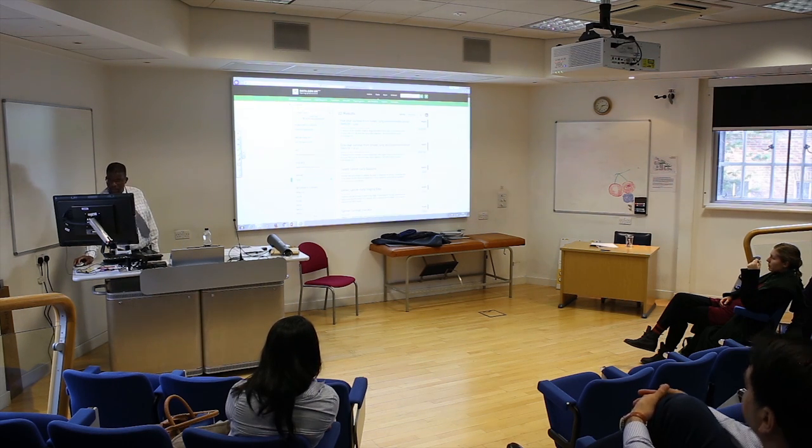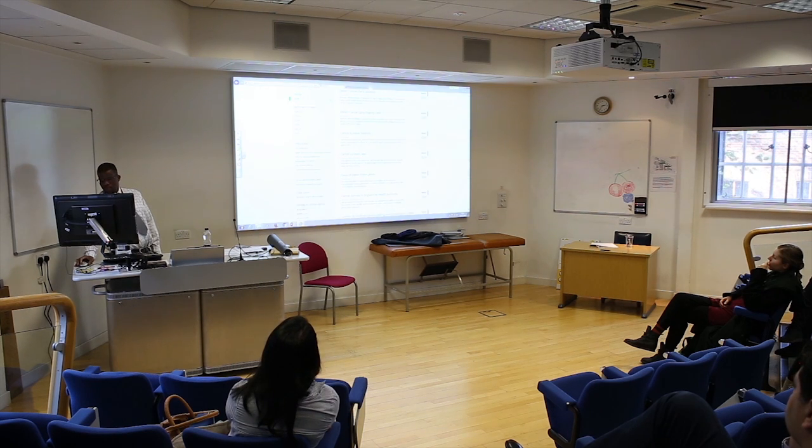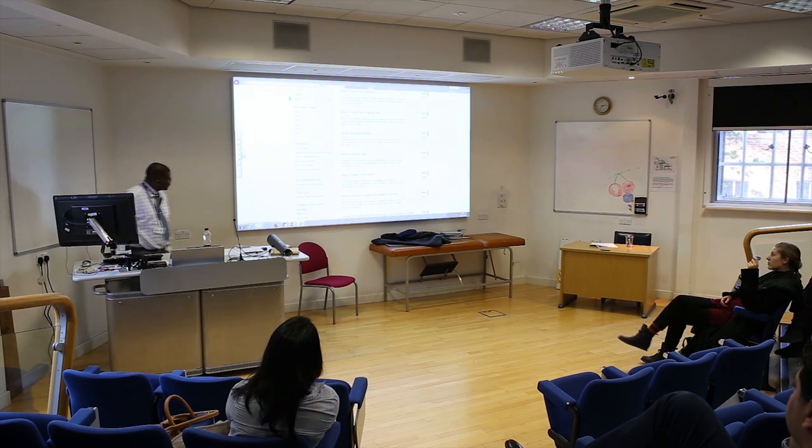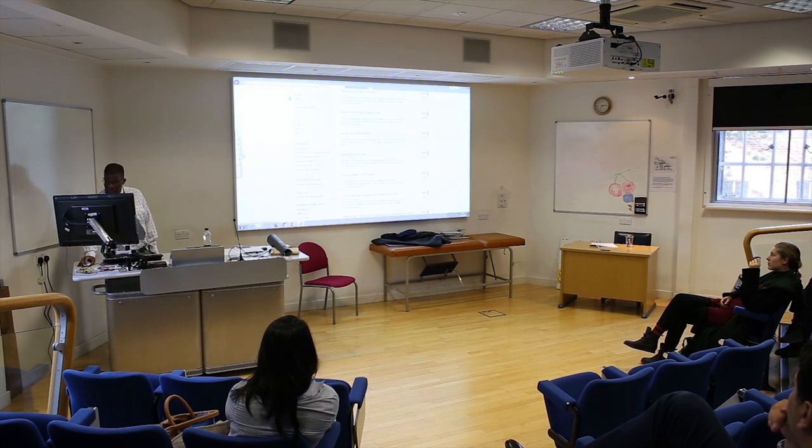And the next two are some to do with early detection of cancer, and then there's something from Scotland on cancer survival statistics, and then from the ONS on cancer survival rates.